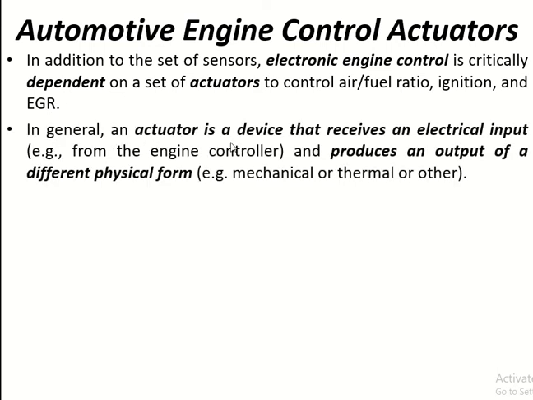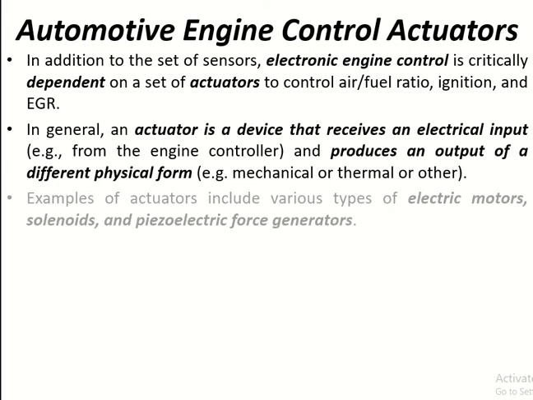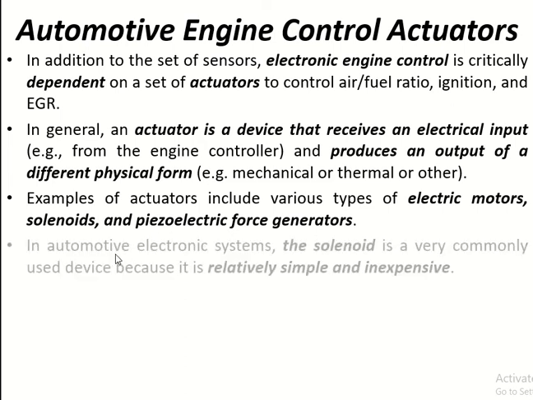In general, an actuator is a device that receives an electrical input and produces an output of a different physical form. Examples of actuators include various types of electric motors like we have discussed earlier, brushless DC motor and stepper motor, and there can be solenoids and piezoelectric force generators.